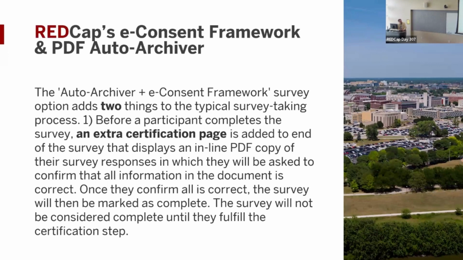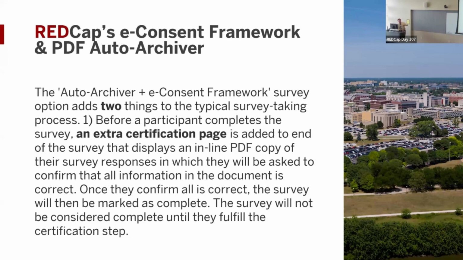So basically, the auto archiver and the eConsent framework option, this feature is going to add two things, which are mentioned in the title. The first thing is the eConsent framework, properly so called. That's going to add an extra certification page.